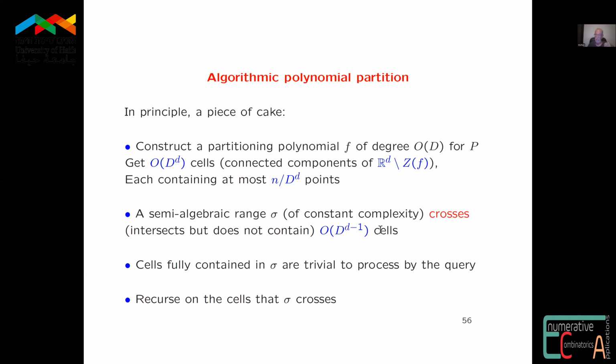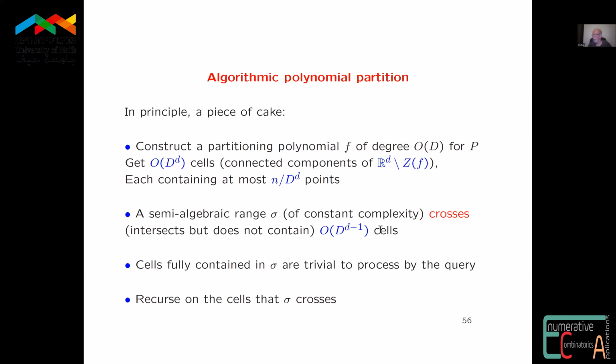But the number of cells that the ball will cross, that its bounding sphere will cross, is only d to the d minus 1 instead of d to the d, which is again an easy exercise in algebraic geometry. So cells that are fully contained, we simply add their number of points to the count if we want to count.